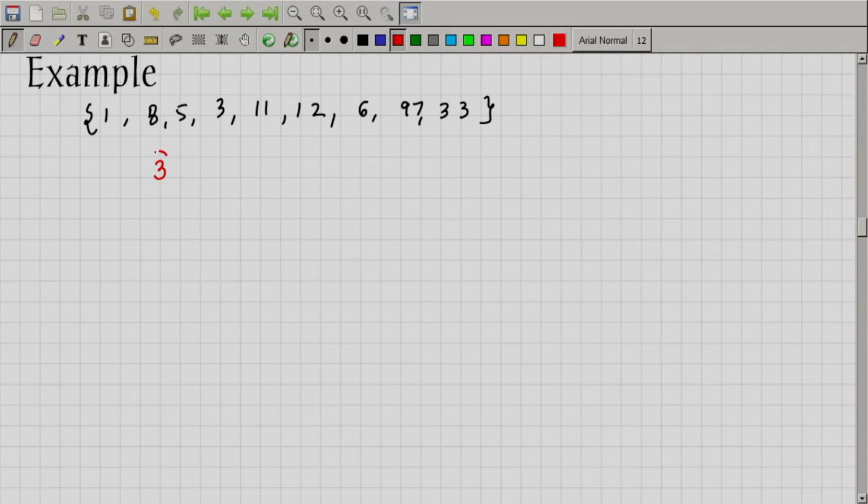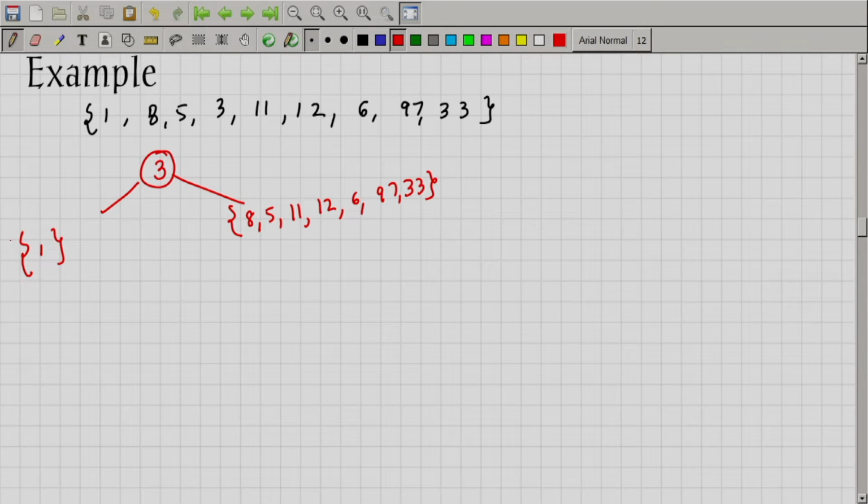When we split this, we have one set of numbers, namely 1, and everything else is greater than 3, namely 8, 5, 11, 12, 6, 97 and 33.